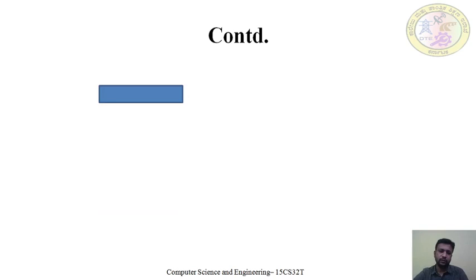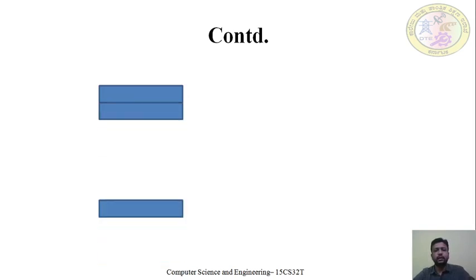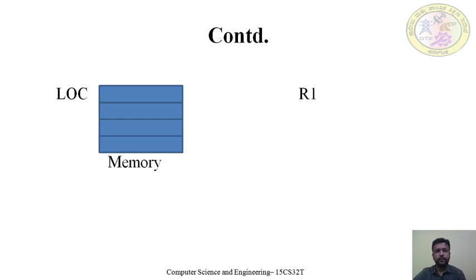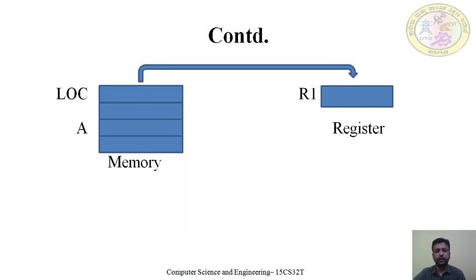Let's take a look at this. Here we have the memory location and the register R1. Memory is having different locations LOC, A, etc. And here the contents of LOC need to be transferred to R1. So this diagram shows the memory having LOC, and that LOC content is transferred into register R1.